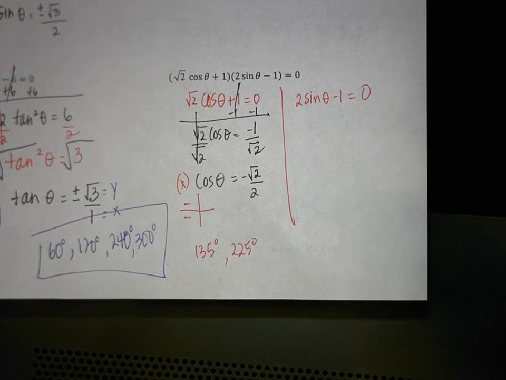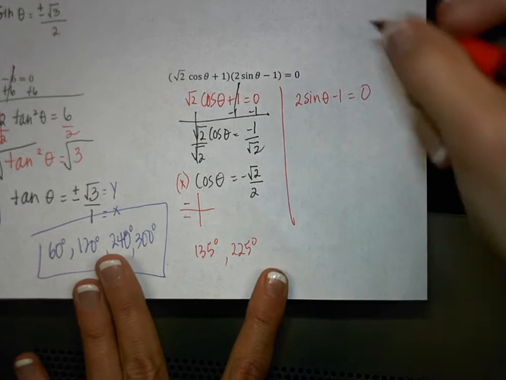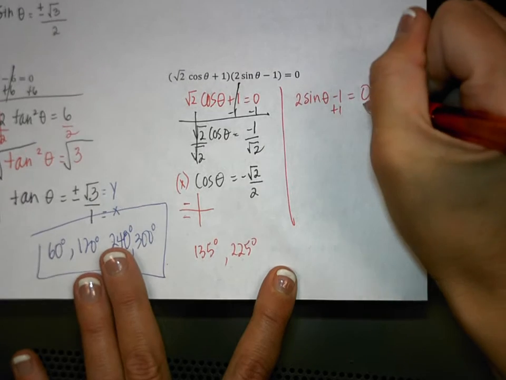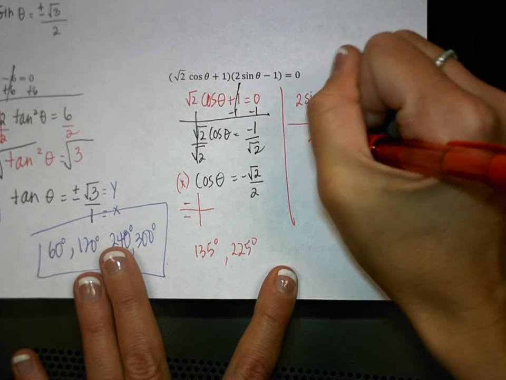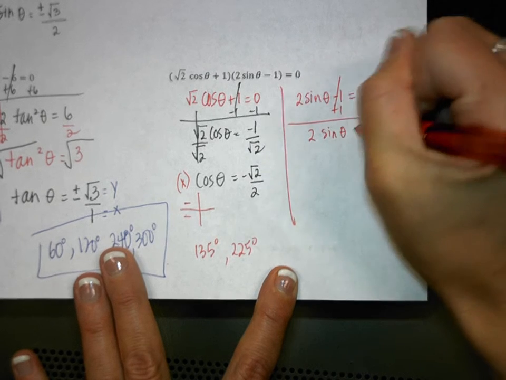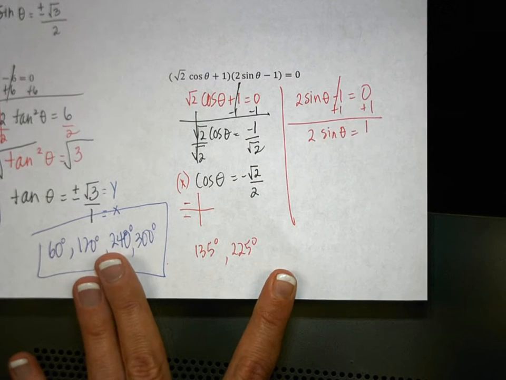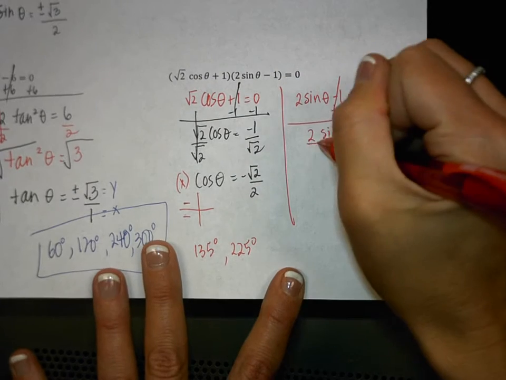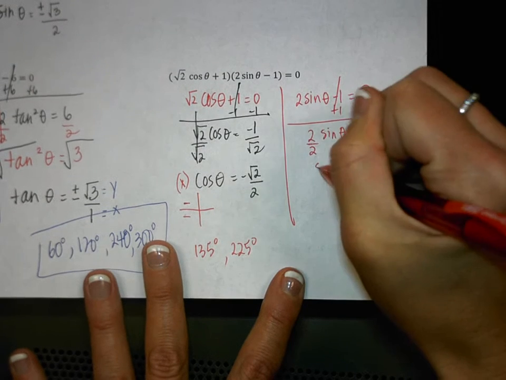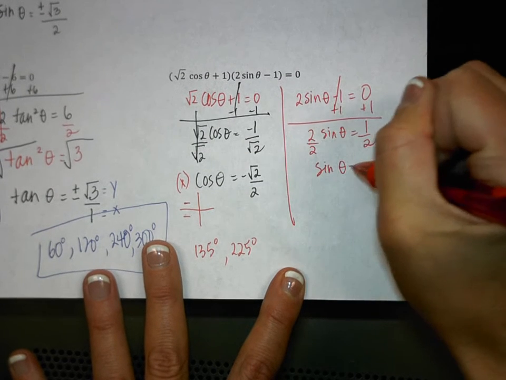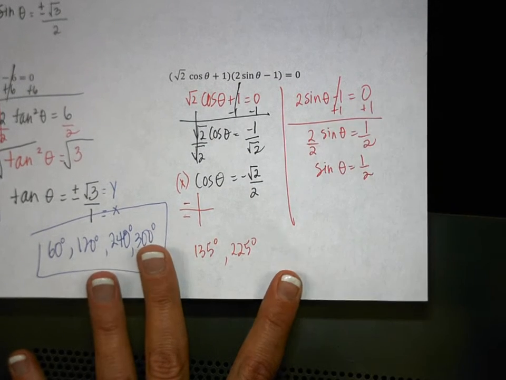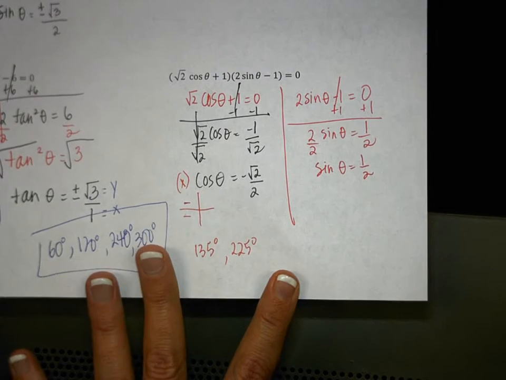All right, so over here, what are we going to do? Add 1 to both sides. We get 2 sine theta equals 1. Next step would be to divide by 2 on both sides. I get sine of theta equals 1/2. So we know that sine is dealing with y.